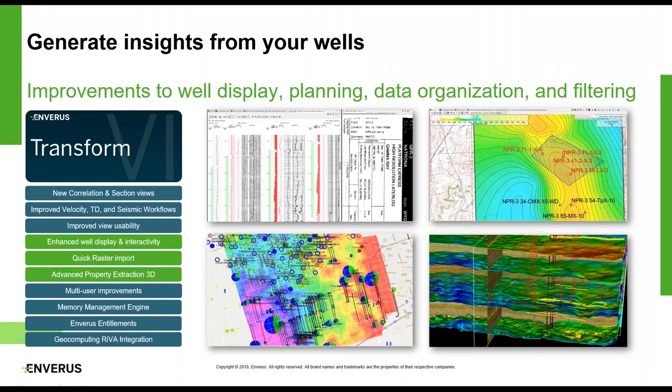What you're seeing here, we've got numerous enhancements to the display and filtering of well data. For example, much improved performance on creating well lists and filtering wells. That was something that was kind of a drag in previous versions of Transform when the number of wells got quite high. That has been addressed. You can also size well symbols and displays independently.